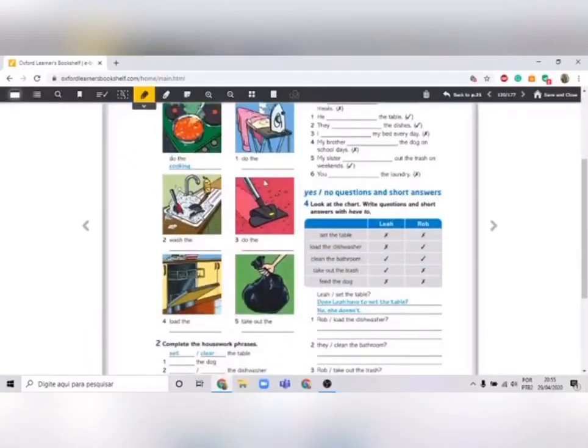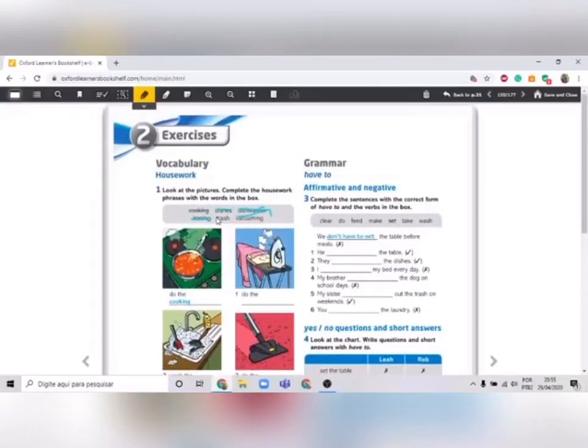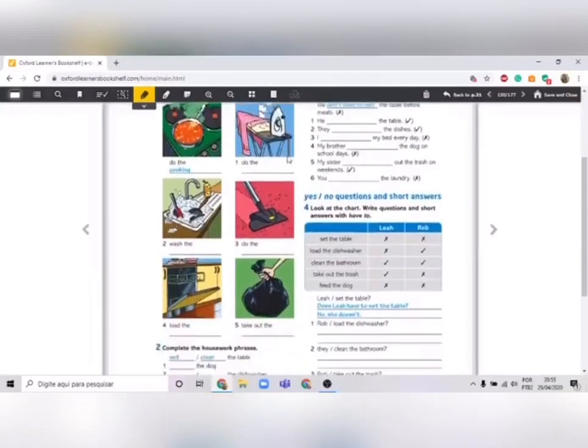And number 5, take out the trash. The last one. Okay? Repeating. 1. Do the ironing. 2. Wash the dishes. 3. Do the vacuuming. 4. Load the dishwasher. And 5. Take out the trash.